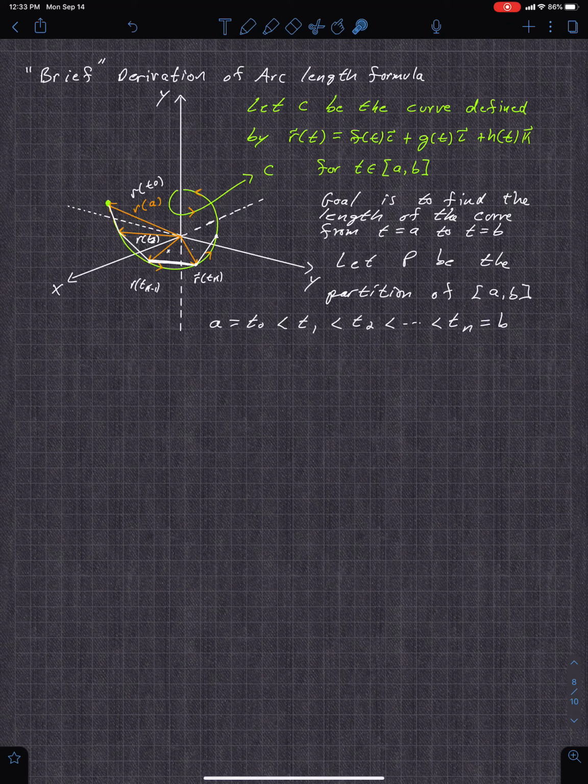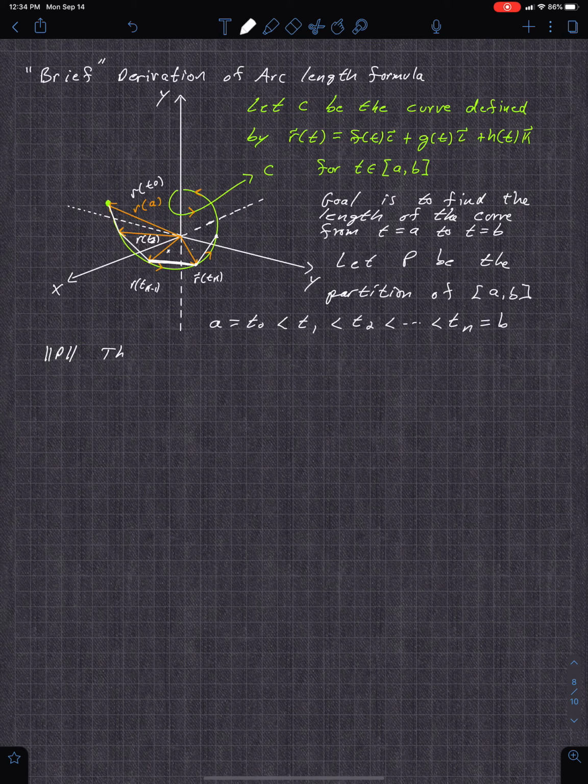So we're going to let P be a partition on AB, like that, right? So this is all disjoint intervals from t naught to t n. And then we're going to define the norm of the partition.